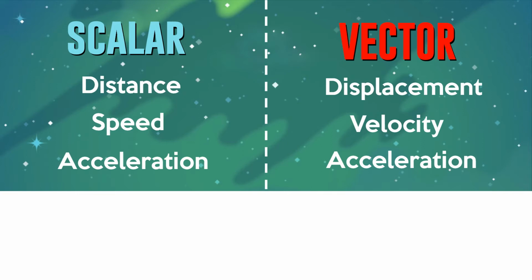For example, if we describe distance as an object moving 5 meters, without even giving the direction, it means that we are discussing something in terms of distance. However, when you say that the object is moving 5 meters north, since we give it now a direction, it became a displacement, or a vector quantity.